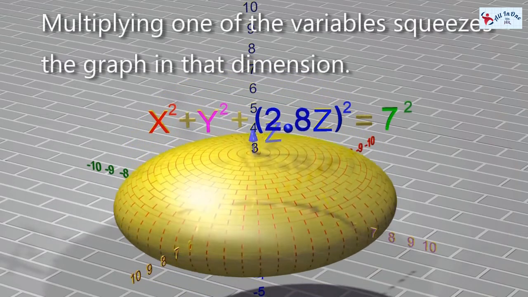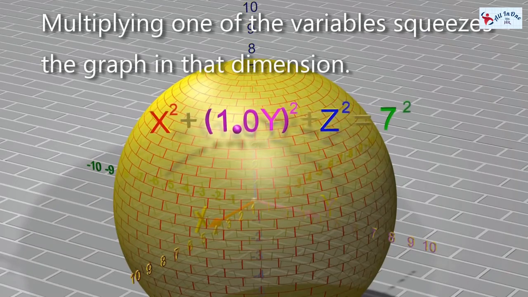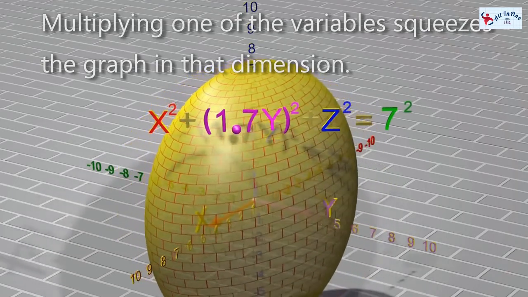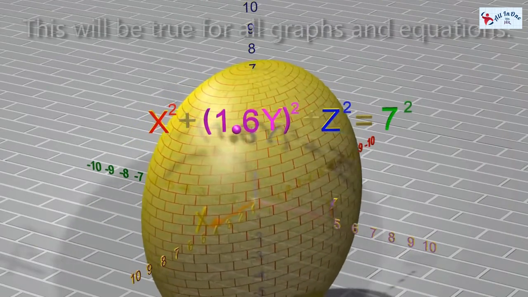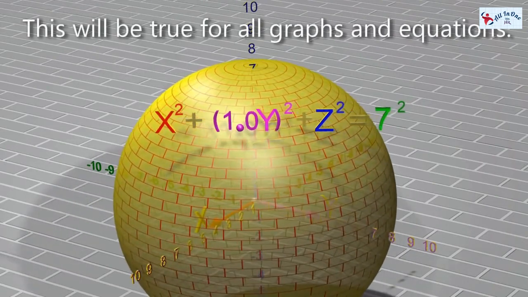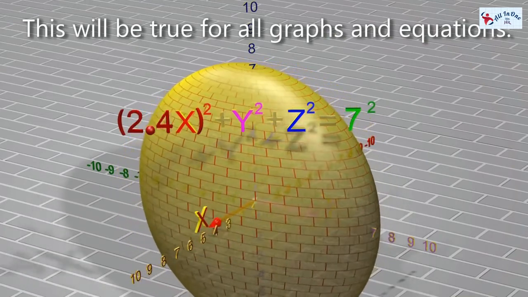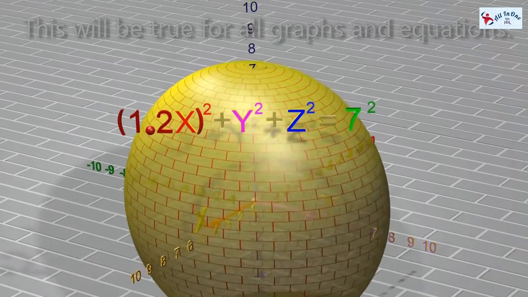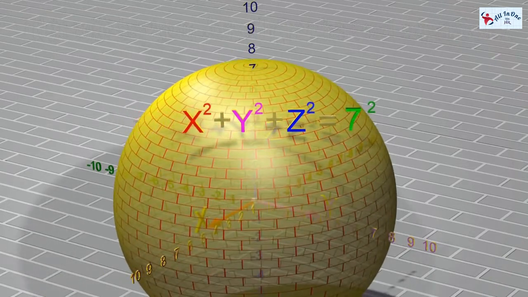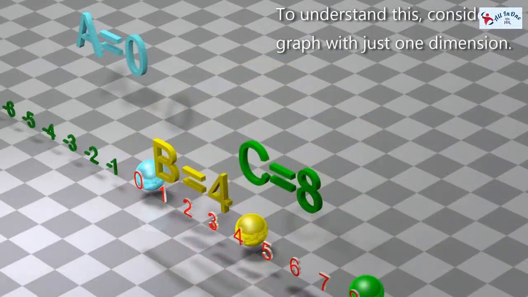Multiplying one of the variables squeezes the graph in that dimension. This will be true for all graphs and equations. To understand why this happens, consider a graph with just one dimension.